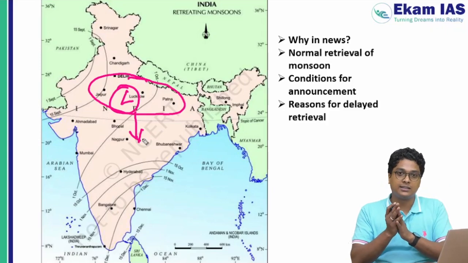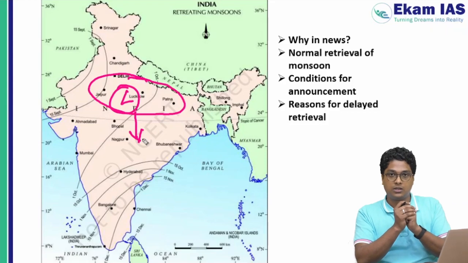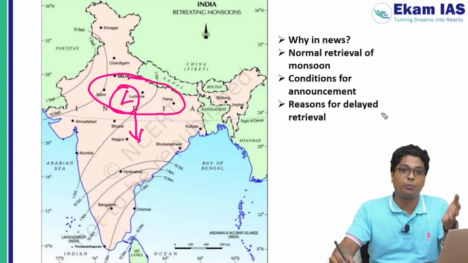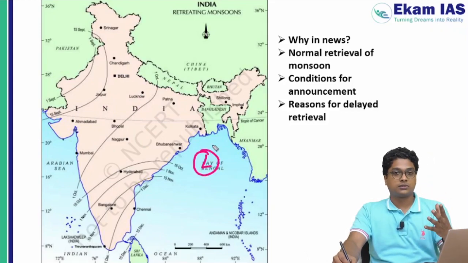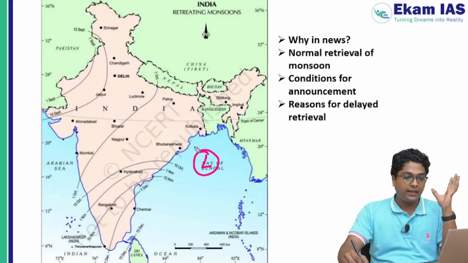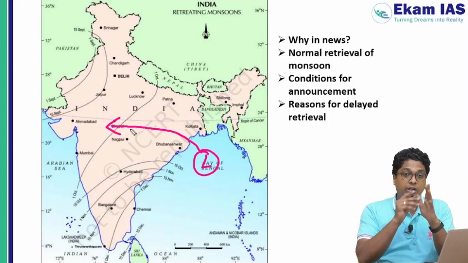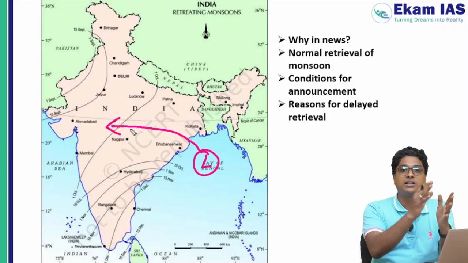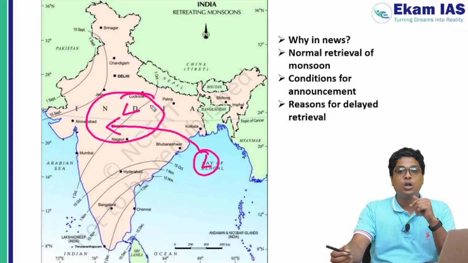Now the specific reason why this has been delayed is the presence of low pressure. This year, a lot of low pressure systems formed in the Bay of Bengal, and these low pressure areas got carried deep into Madhya Pradesh and the central regions of our nation, which means these central regions now have low pressure.